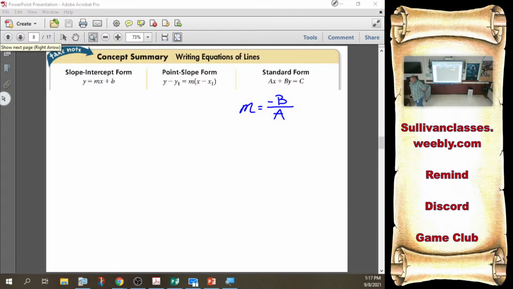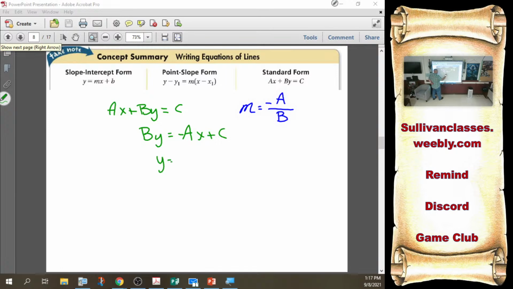Because when you rearrange it, oh, I said that backwards, negative a over b. Right, because if I have ax plus by is c, move the x term over, divide by b. So either you have to remember that little trick, or you have to put it into slope-intercept form first.